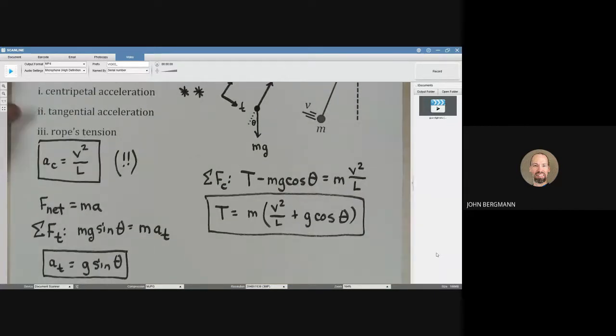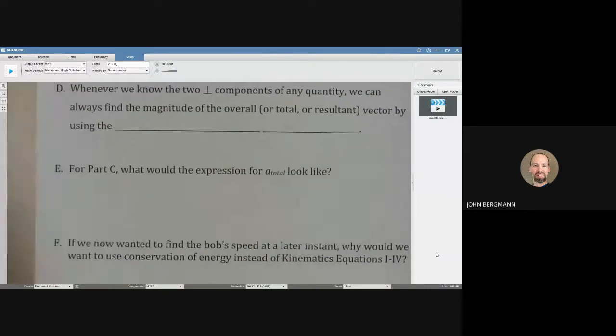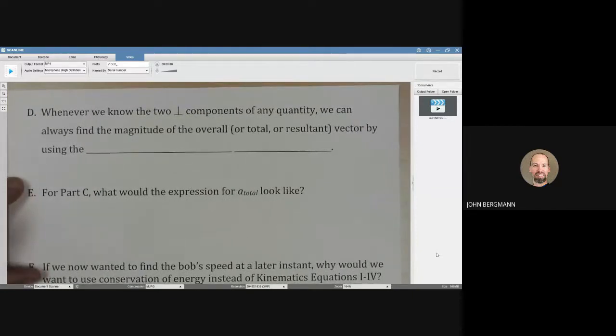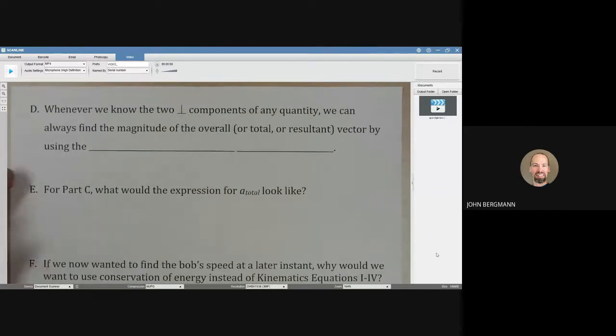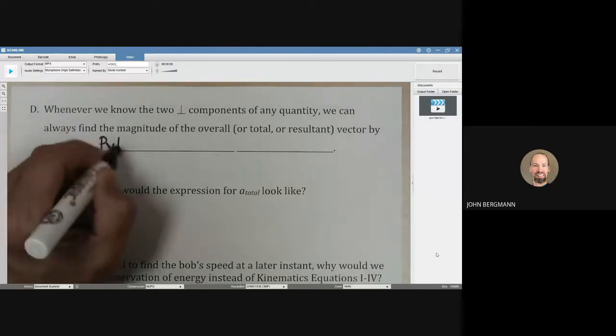All right, so far so good. Whenever we know the two perpendicular components of any quantity, we can always find the magnitude of the overall or total or resultant vector using the Pythagorean theorem.